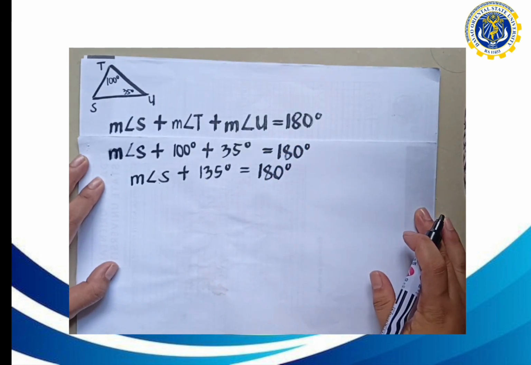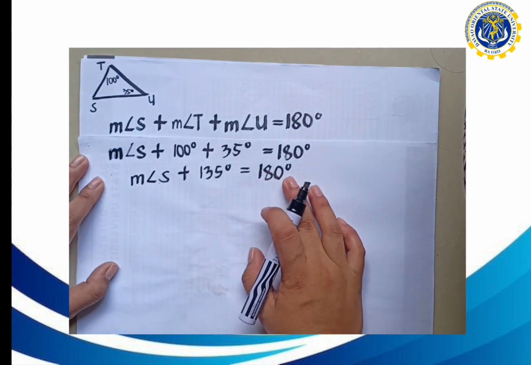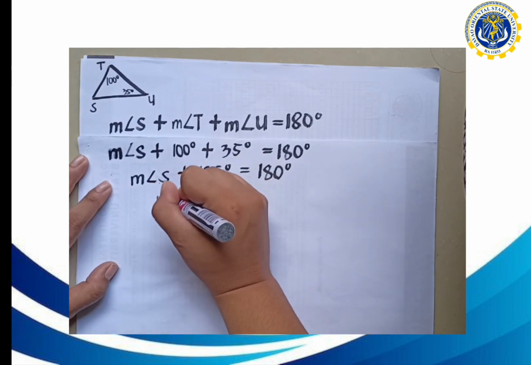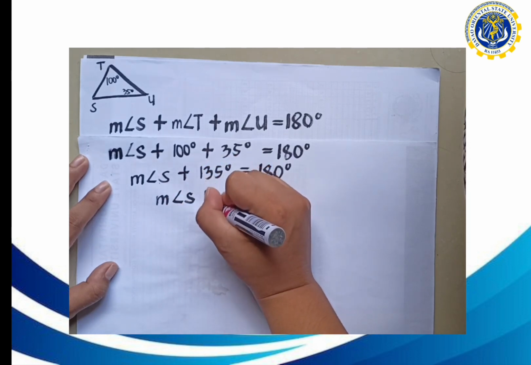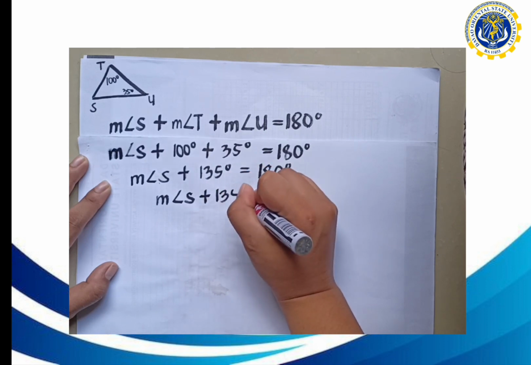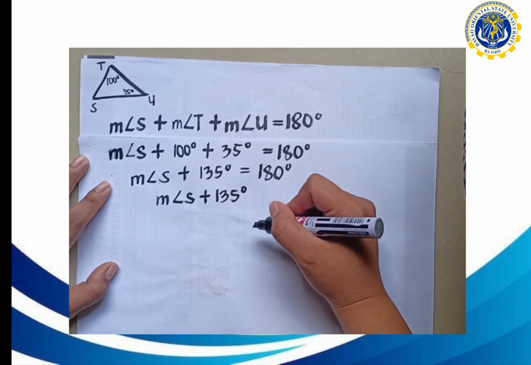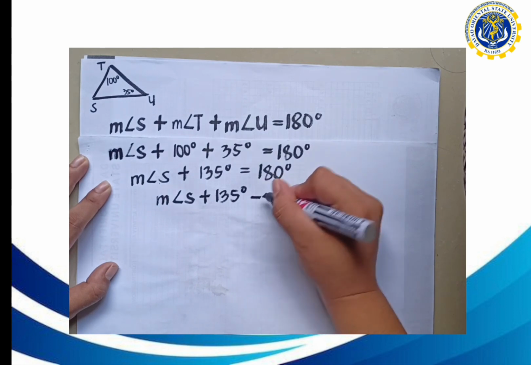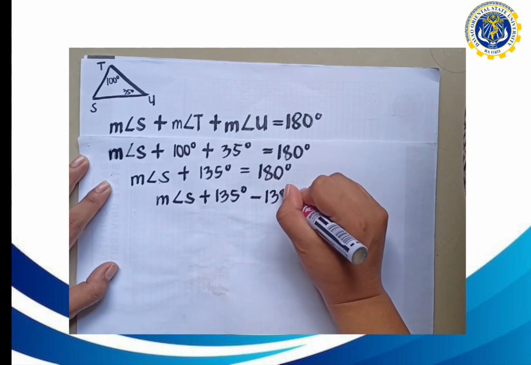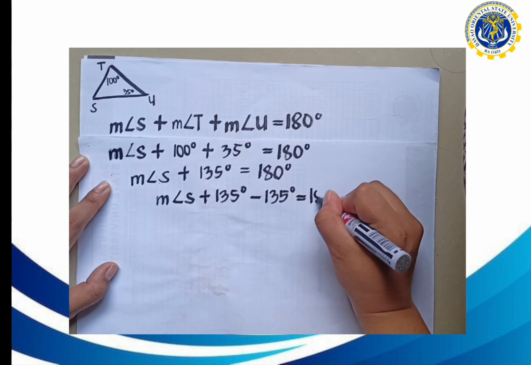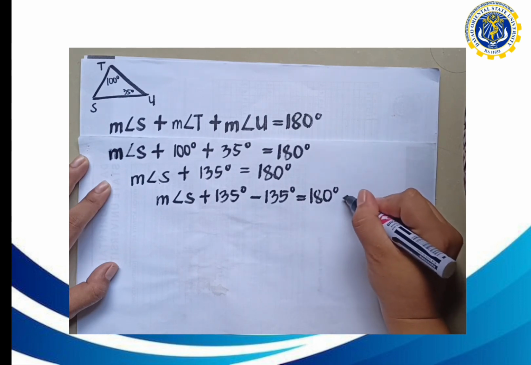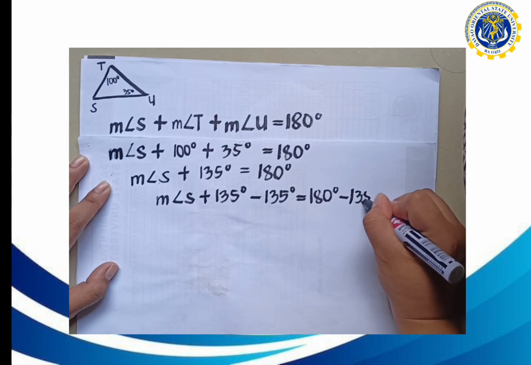Then after this, subtract 135 degrees from both sides. So we have angle S plus 135 degrees minus 135 degrees is equal to 180 degrees minus 135 degrees.